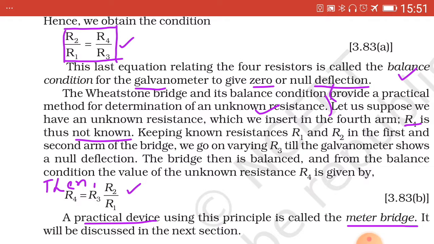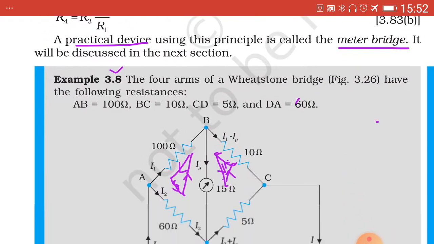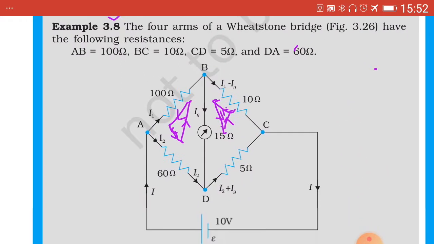A practical device using this principle is called the meter bridge, which we shall see now. But before going to that, we refer to one illustrated example, example 3.8.